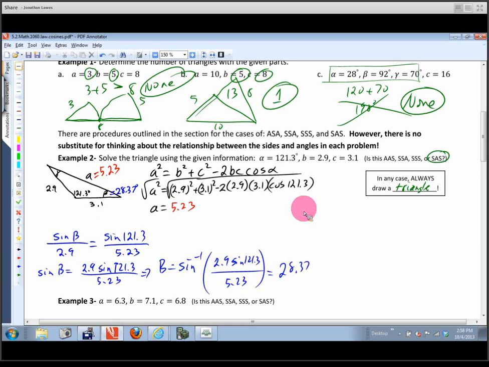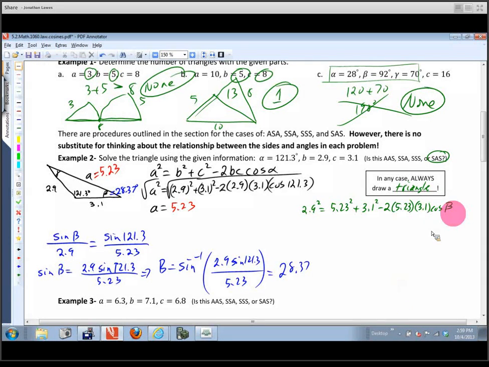Let's start with 2.9, square that. That would be equal to, so if I've got b squared, that's going to equal a squared, 5.23 squared, plus c squared, 3.1 squared, minus 2 times 5.23, 3.1, and then the cosine of beta.